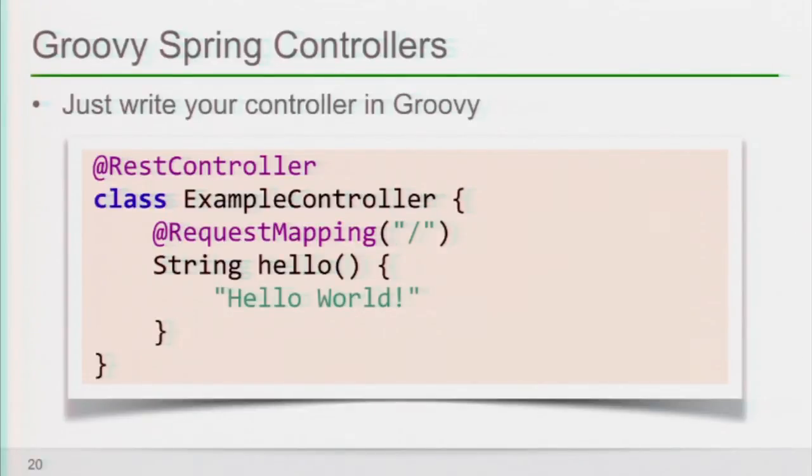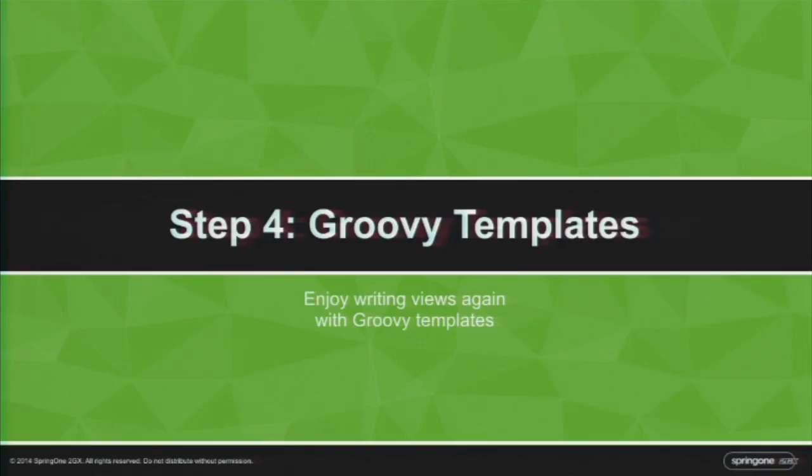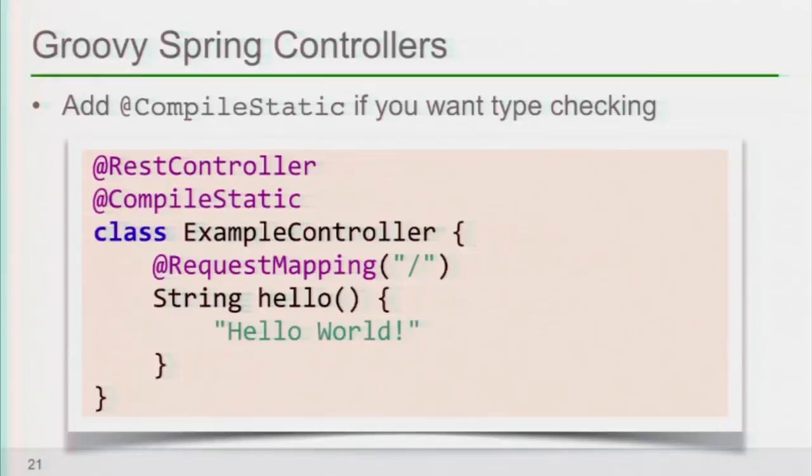But as you get familiar with the language, your Groovy will improve. So to get type checking, you just add CompileStatic to your classes, and that'll compile your classes down with direct method dispatch instead of dynamic dispatch, thus improving performance.